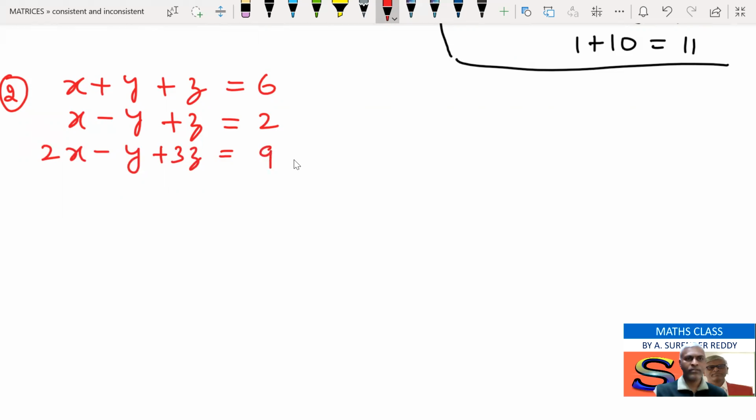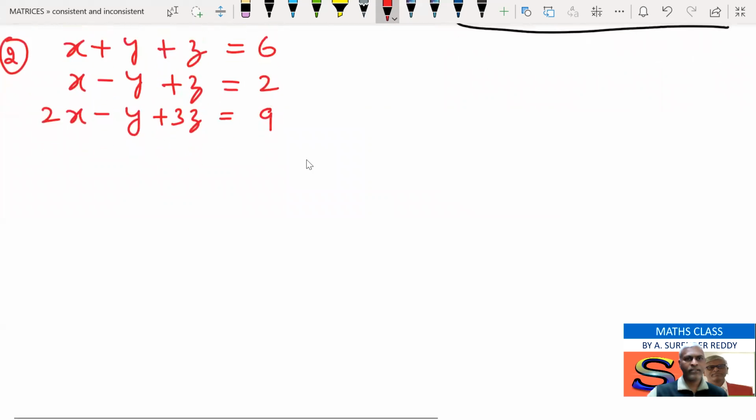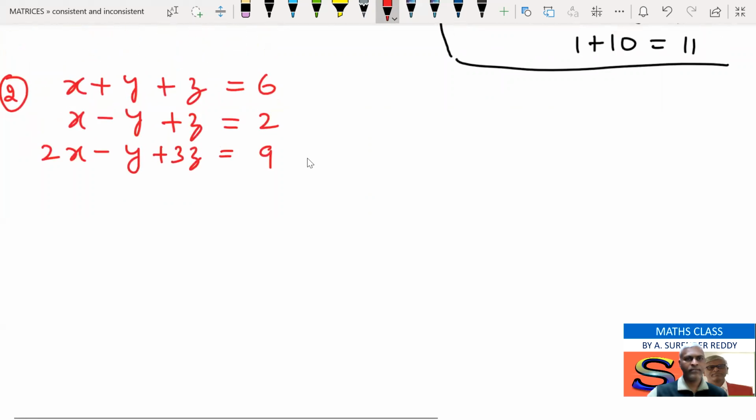Same as before, we have to check whether it is consistent or inconsistent. If consistent, find the solution.